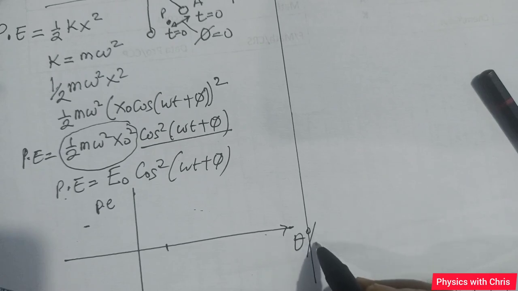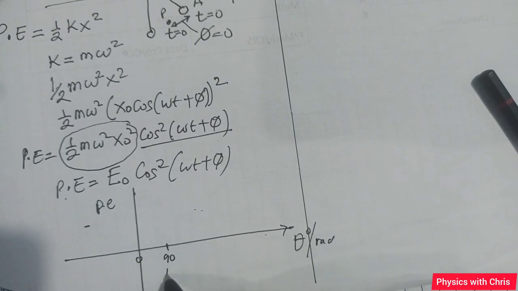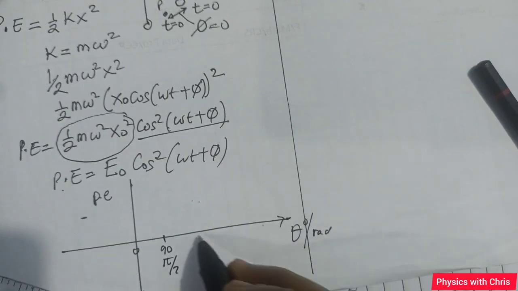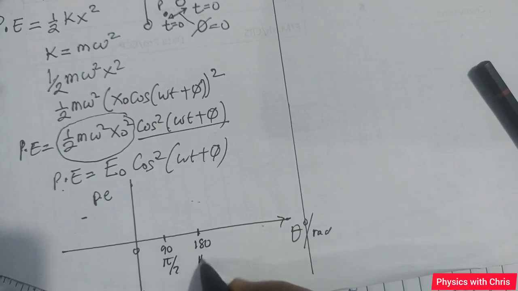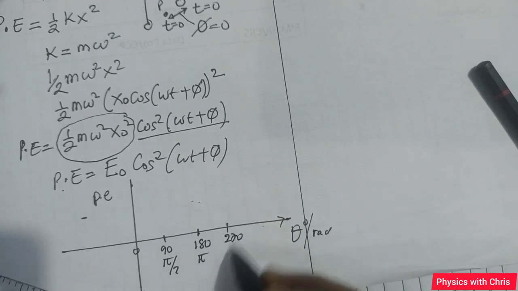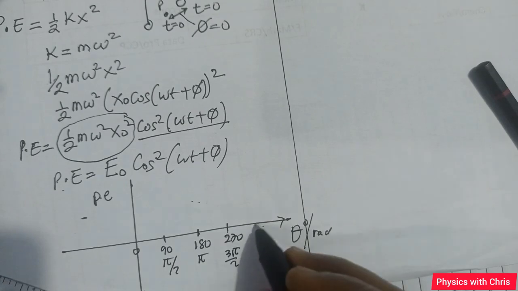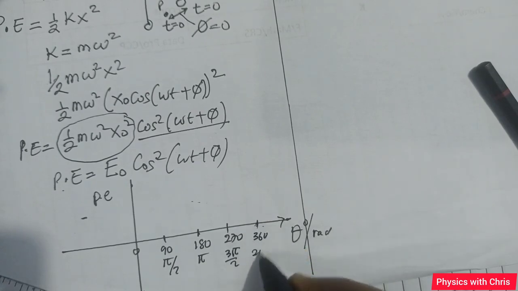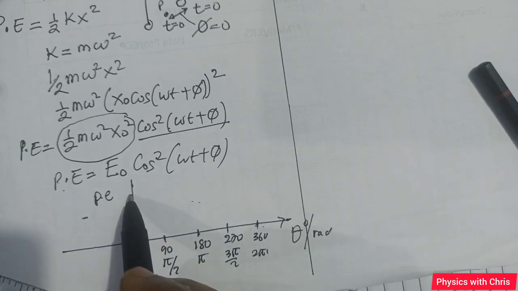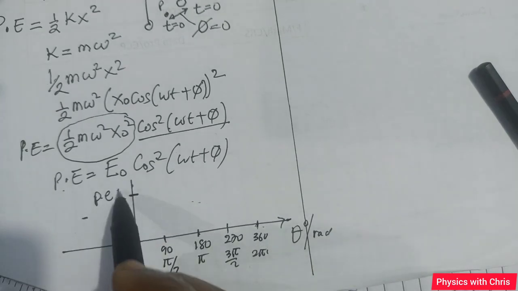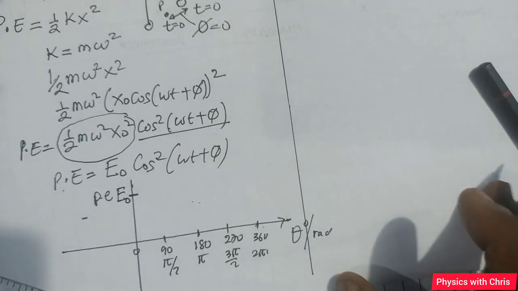I can write it in degrees or radian: 0, 90 which is pi over 2 radian, 180 degrees or pi radian, 270 degrees or 3 pi over 2 radian, and 360 degrees or 2 pi radian. This is my energy axis, and I call this E naught, which is my maximum energy.